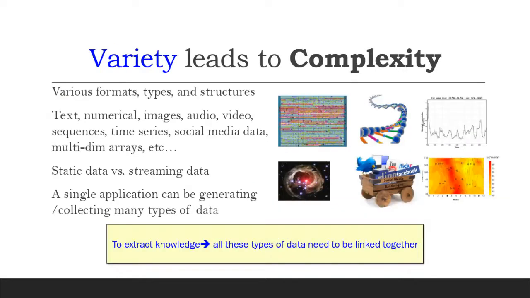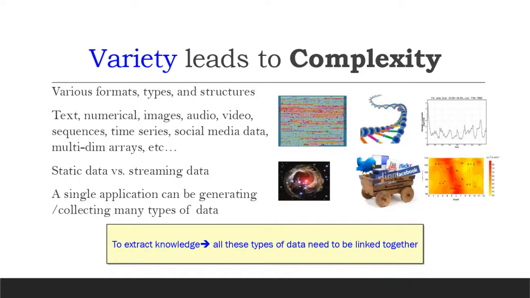By the same token, variety also leads to complexity: various formats, types, and structures. You're also talking about static data versus streaming data.